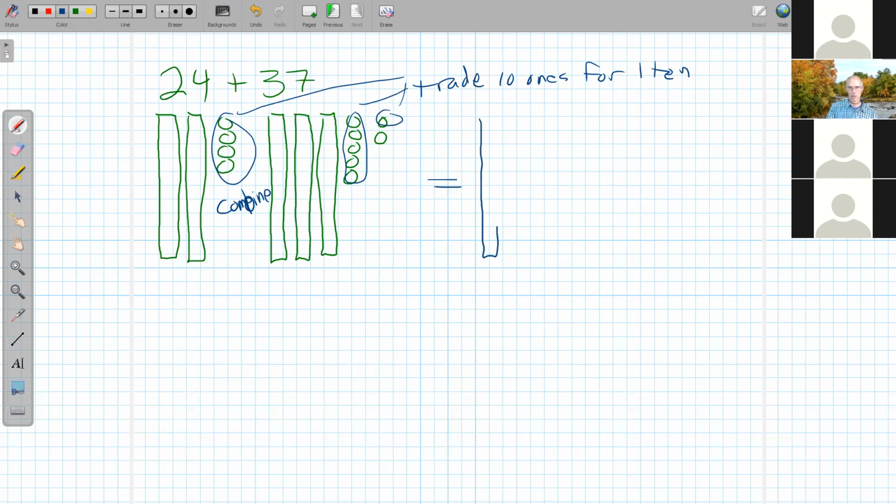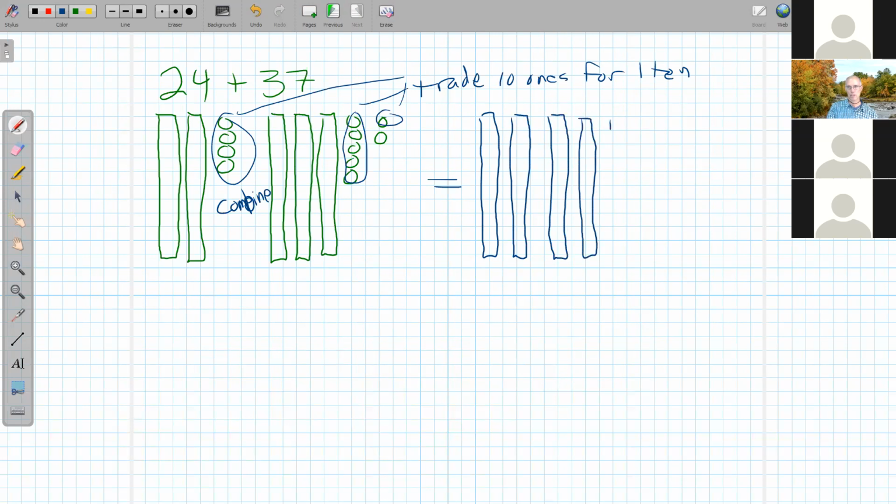So now I have 1, 2 from the first set, 1, 2, 3 from the second set. And then I have my new group I just traded in. And then I have 1 left over. So the answer must be 61 because of that trade there.